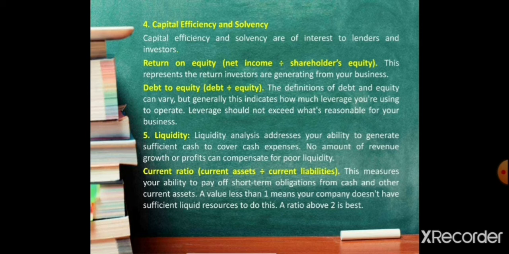Return on equity is calculated as net income divided by equity shareholders' fund. Here net income means net profit available for equity shareholders. This represents the return investors are generating from the business. How much return is generated from the business is determined by this ratio, return on equity.